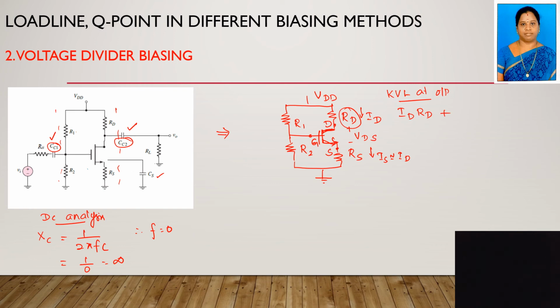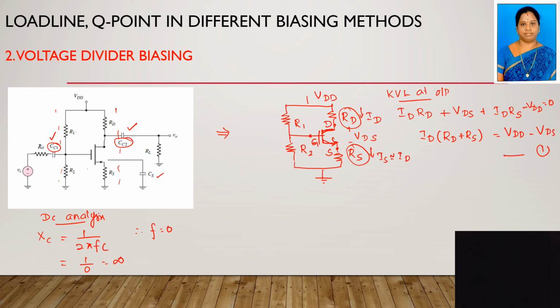So here I have to write ID into RD plus VDS plus the voltage drop across RS, which is nothing but IS into RS. Instead of IS, I can substitute ID, right? Then here it is ground. Again, this VDD you are having, the circuit will be closing here, right? So you will be getting minus VDD equal to 0. From this equation, I am grouping ID common outside: ID into RD plus RS equal to VDD minus VDS.